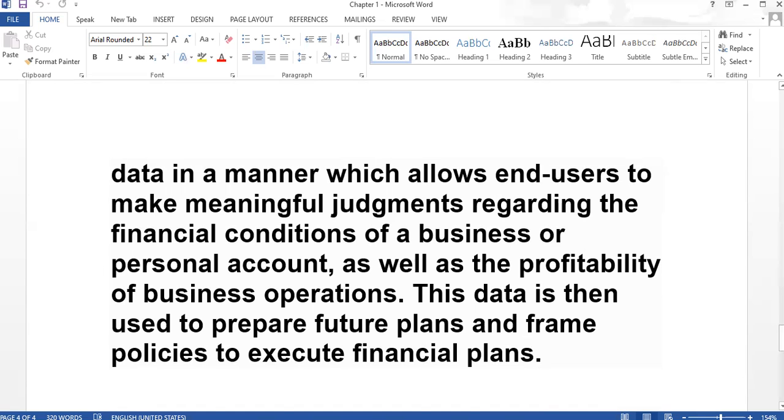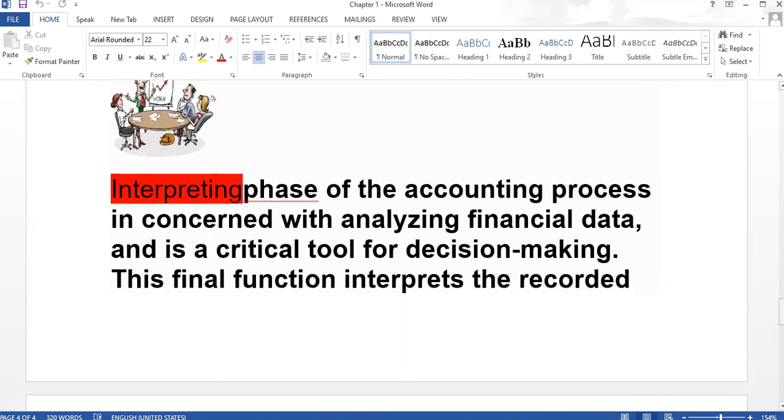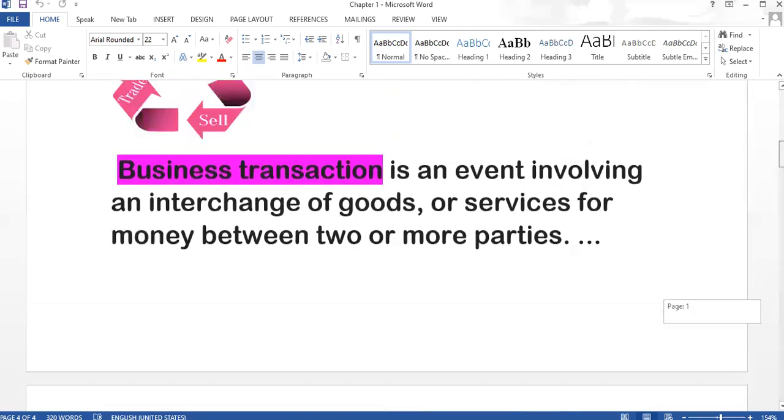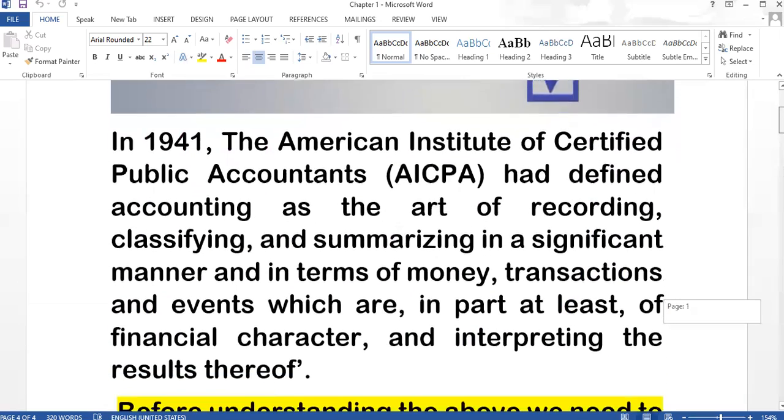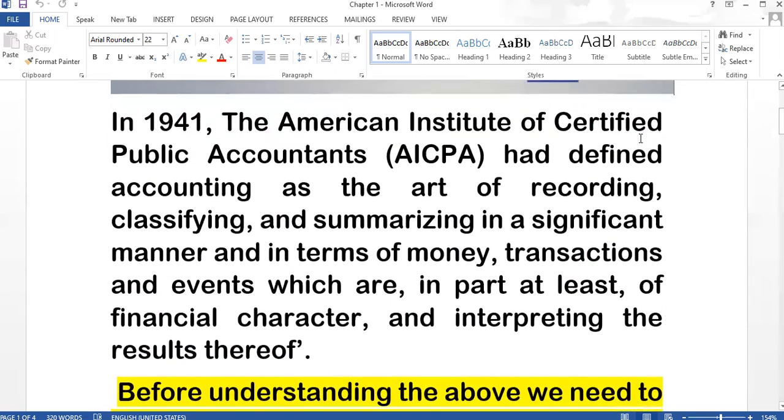So all these meanings are put together in one form where accounting is defined as recording, classifying, and summarizing in a significant manner and in terms of money. Every transaction should be in terms of money.